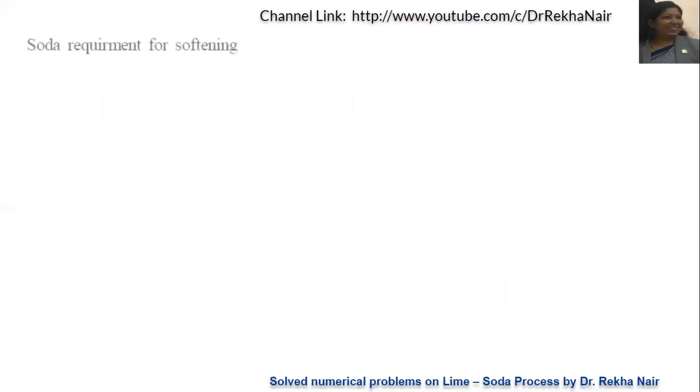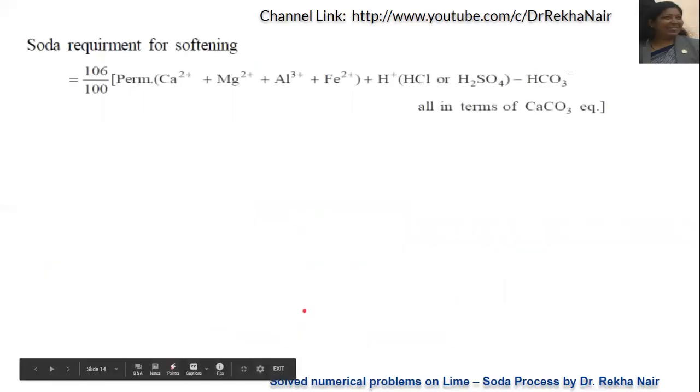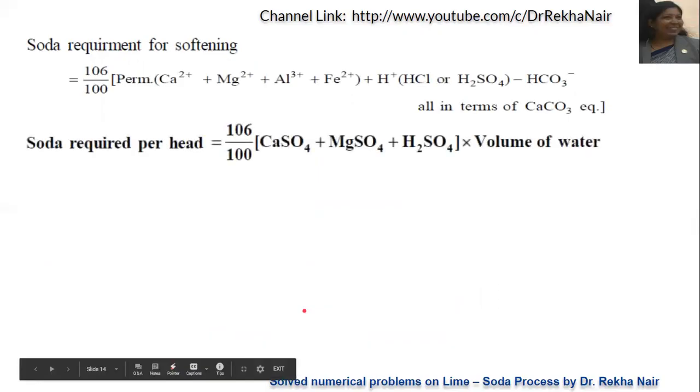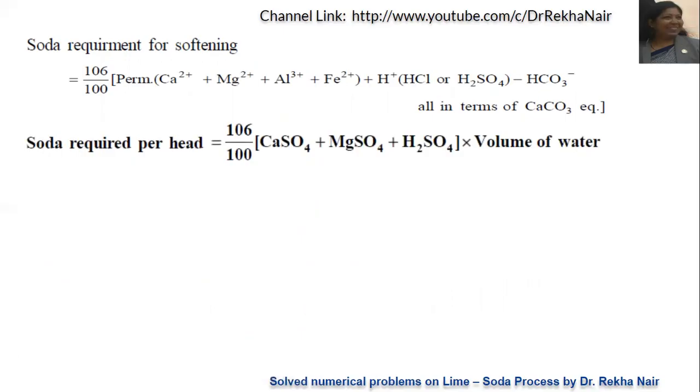Similarly, for the cost of soda, at first we need to calculate the amount of soda by using the above formula. Permanent calcium is given as calcium sulfate. Permanent magnesium is given as magnesium sulfate. Aluminum, iron both are absent. H plus is given as H2SO4 and all other constituents are absent. So we can multiply it with volume of water.